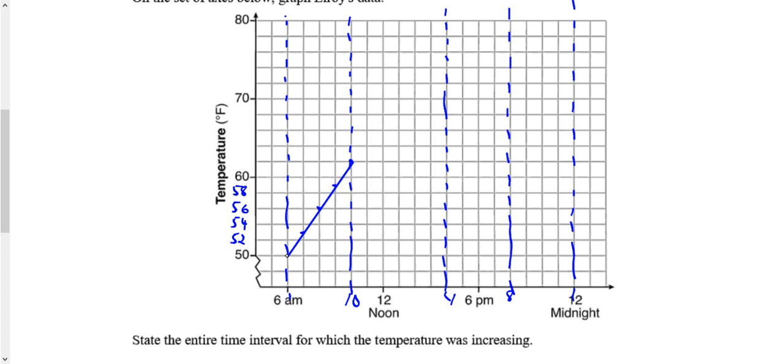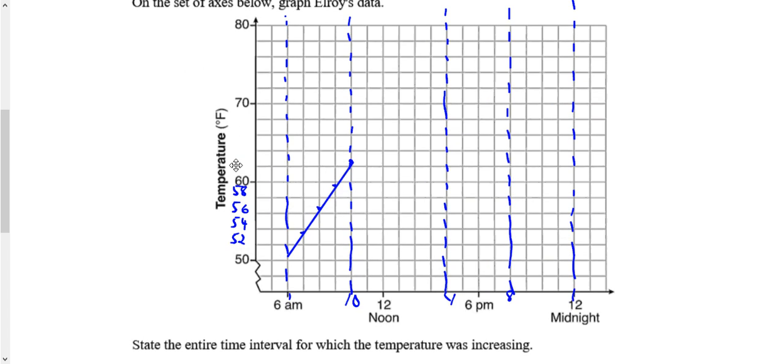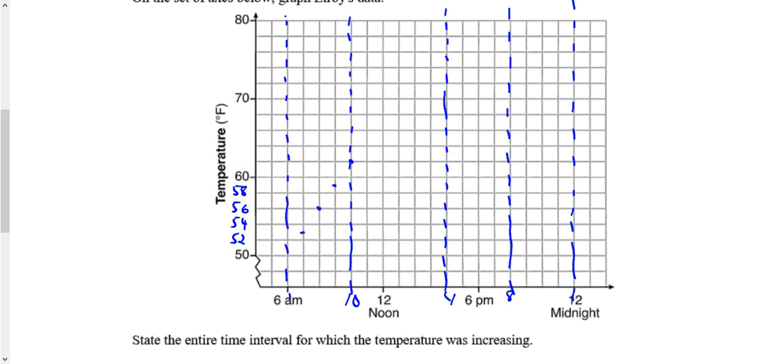And what's the temperature here? What's the temperature at 10 a.m.? Huh? 62, isn't it? Oh, darn it. You erase your line. 62. Okay. And then what does it do?